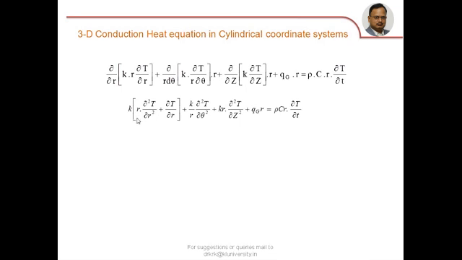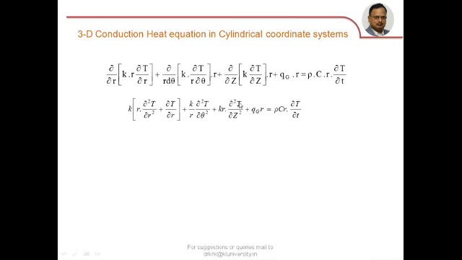Now take k also common and differentiate it. You will get r ∂²T by ∂r² plus ∂T by ∂r into ∂/∂r of r, which is 1, applying the UV rule for the first term. The second one is k by r ∂²T by ∂θ².